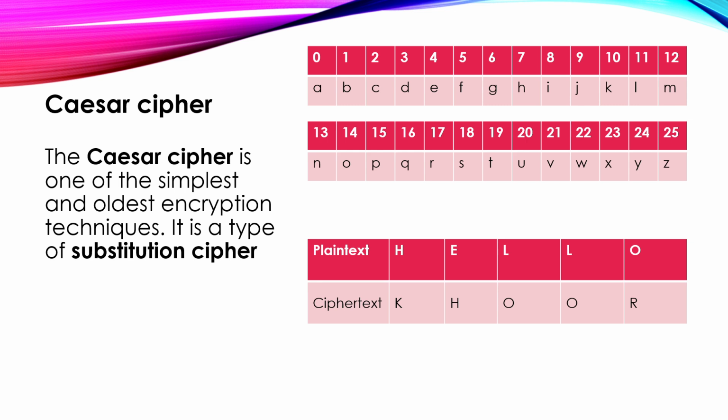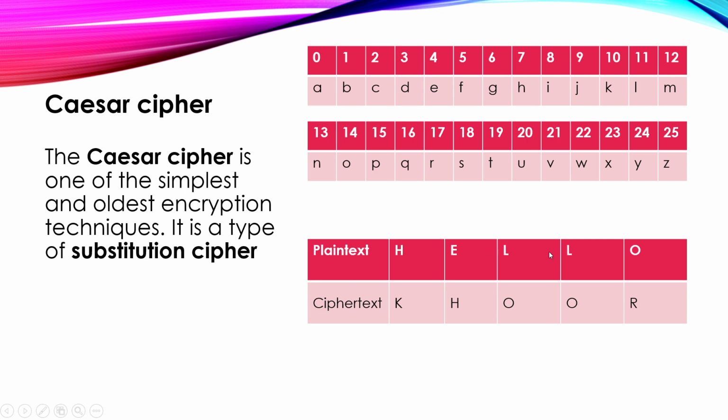For example, shifted by 3, the plaintext is HELLO and the ciphertext is KHOOR. So how does it happen? First is the H. It is replaced by shifting 3: 1, 2, 3, and the K comes, so the plaintext is converted into ciphertext.